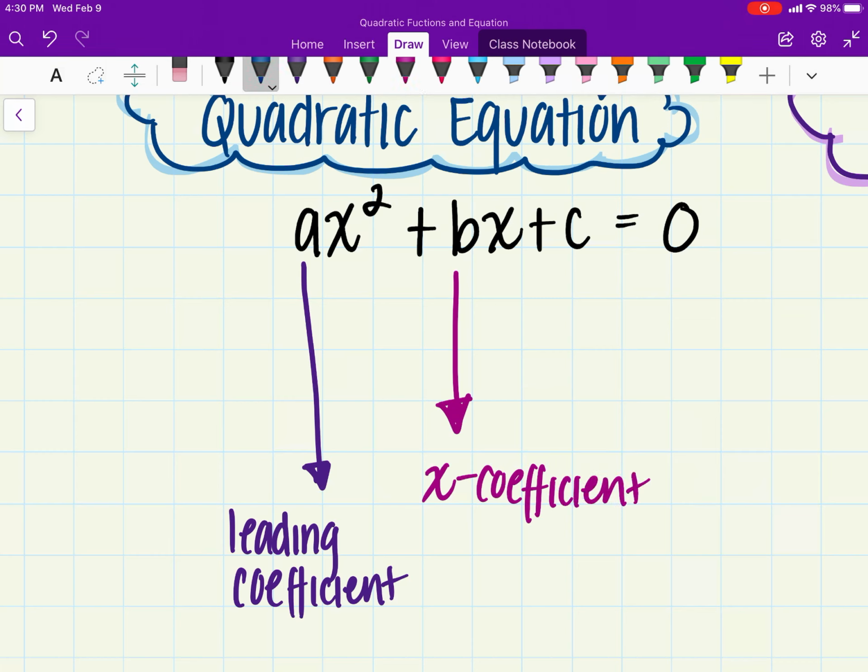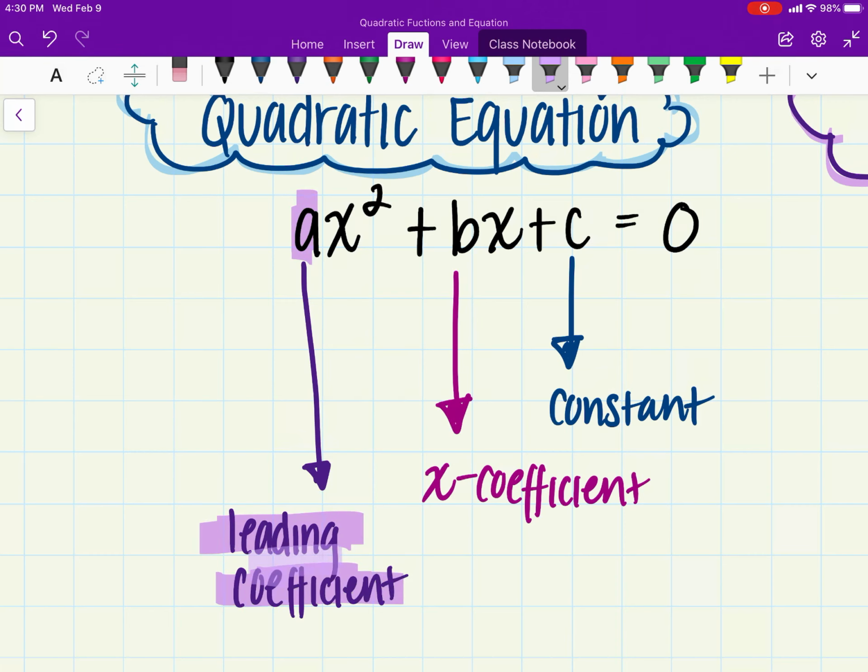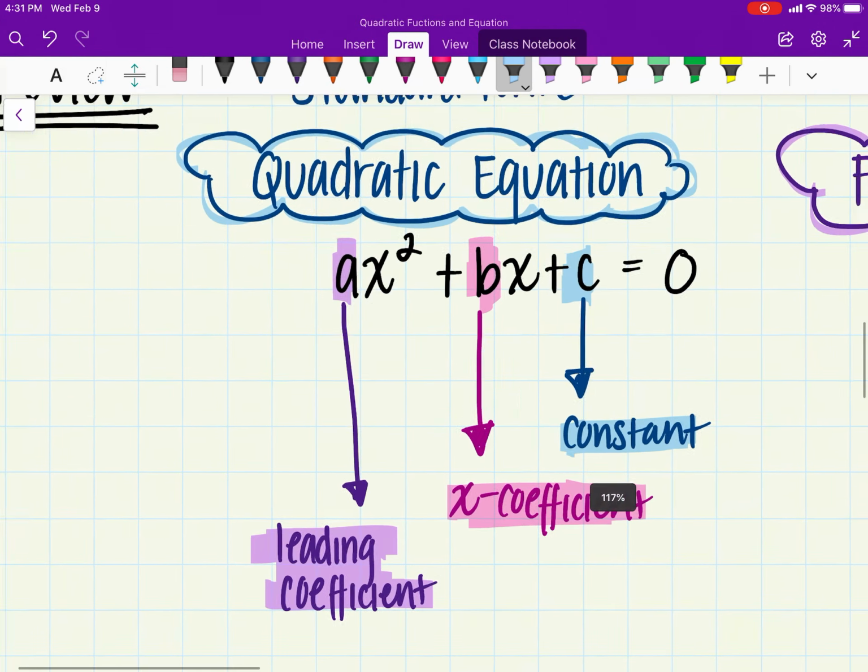And c in this case represents the constant. So once again, a is our leading coefficient. It's the number in front of the x squared. B in this case is our x coefficient. It's the number in front of the x. And c in this case, guys, is the constant. It's the number that's by itself. It has no variable. It's just a number.